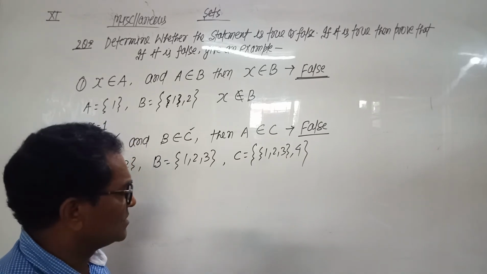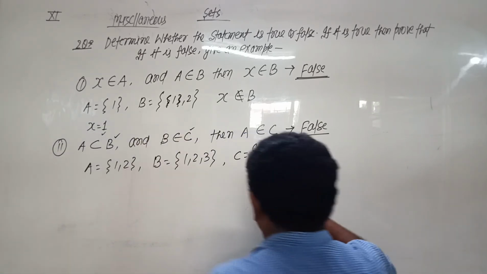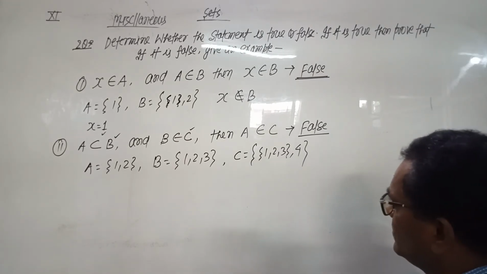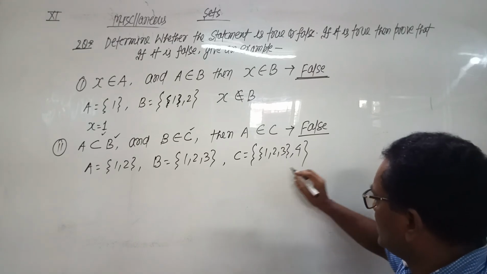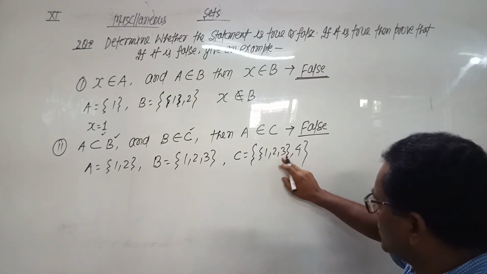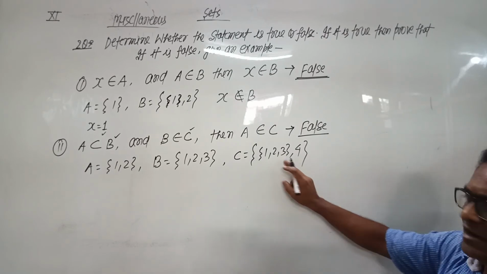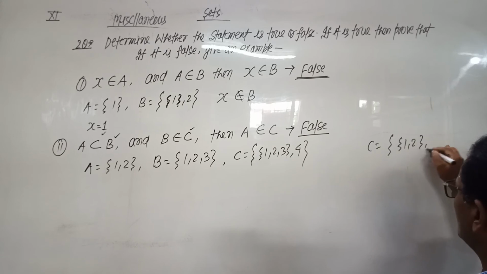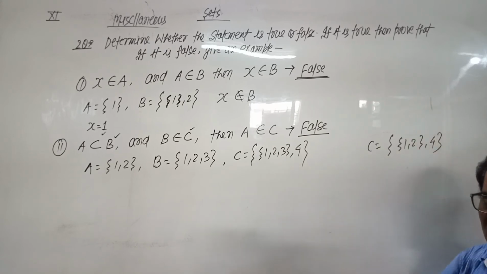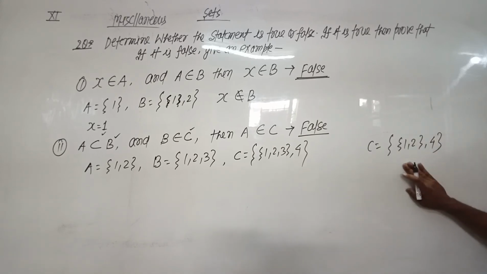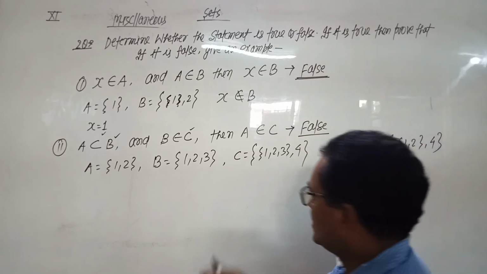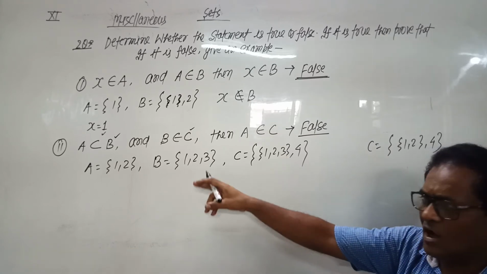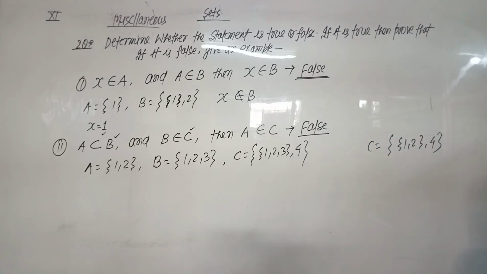This statement would be true if there was no 3 written. If C were equal to only {1, 2, 4}, then this statement would be true. Otherwise it is wrong, because there is a 3 also, and in set A there is no 3.